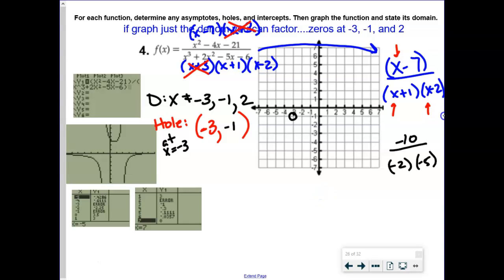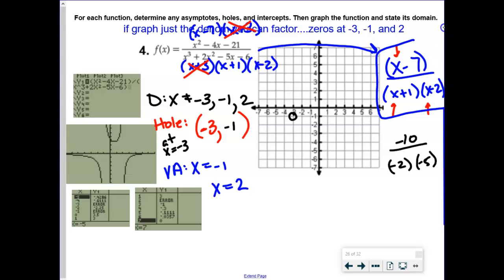No, it's open circle. All right, now we can talk about vertical asymptotes, because when I refer back to this version, I can see my 2 vertical asymptotes. Where are they, I should say? At x equals -1 and x equals 2.